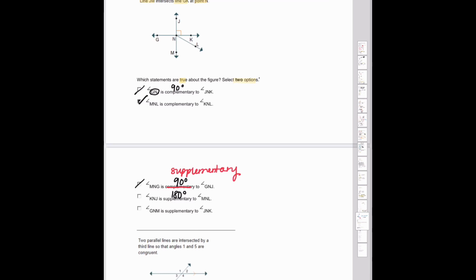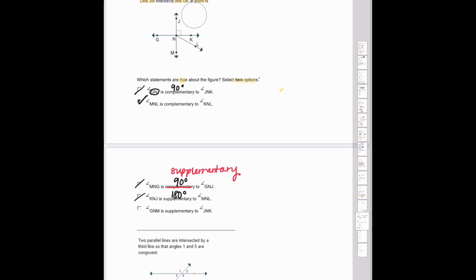Well, let's identify K and J, and let's identify M and L. Well, it looks like those would be equal to 90 degrees, but we are missing this space. Therefore, if we added those two angles together, they would not equal 180 degrees. Let's look at the next one.